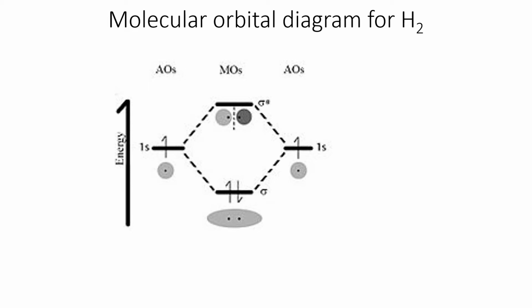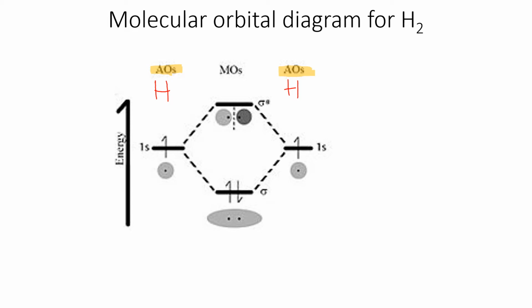When we think about drawing what we would call a molecular orbital diagram, or describing the molecular orbitals for H2, we start with what are called the atomic orbitals. These start on the sides. AO stands for atomic orbitals. So we put each atom on the side.